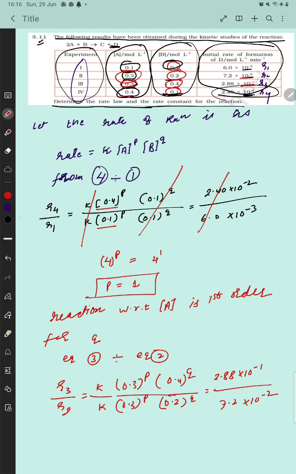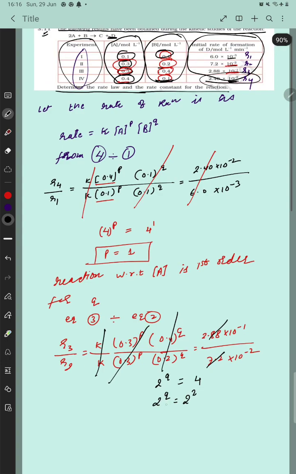Dear student, if you see this, the A value will be cancelled out completely and K cancels out, and dividing the rates, 2 power Q is equal to 4. So 2 power Q is equal to 2 power 2. The exponents get compared, so Q is equal to 2.